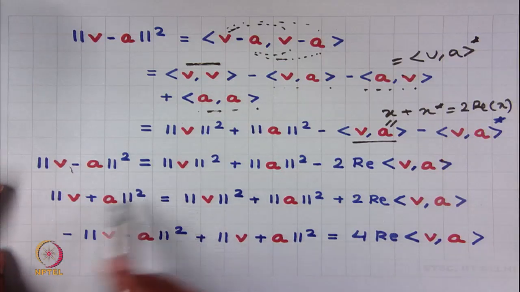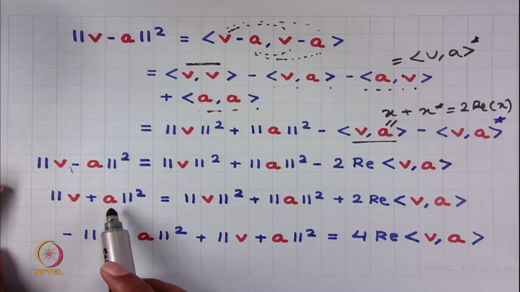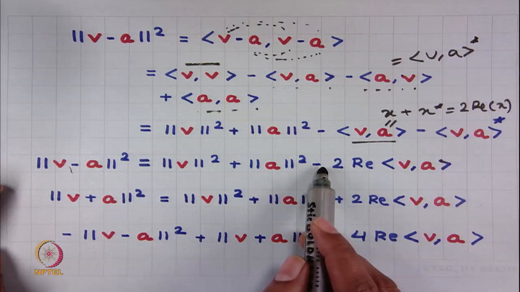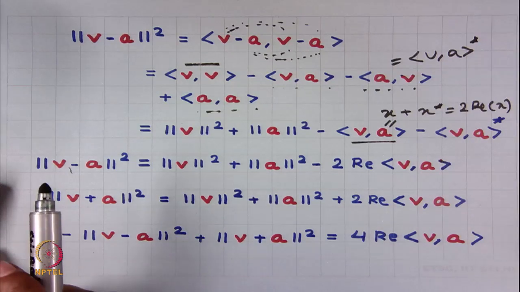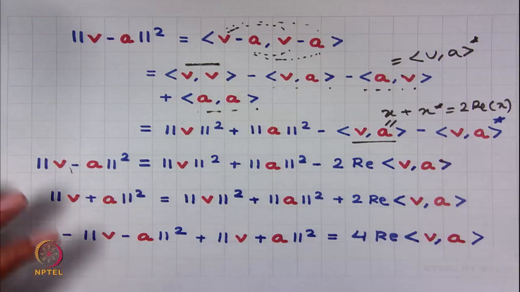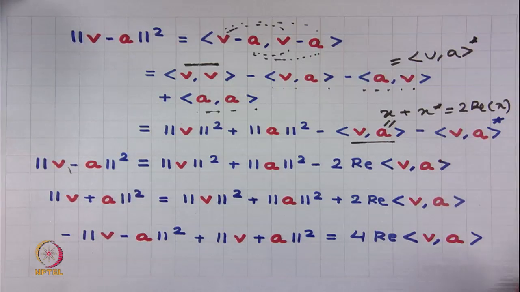Similarly, norm square of v plus a is this thing. So, what changes in here is instead of minus, now we have a positive sign. So, it is like a square plus b square plus 2 ab kind of equality.